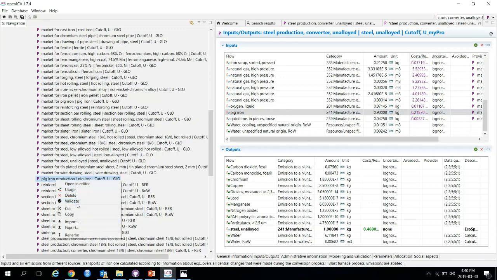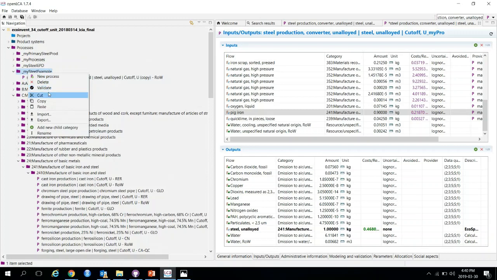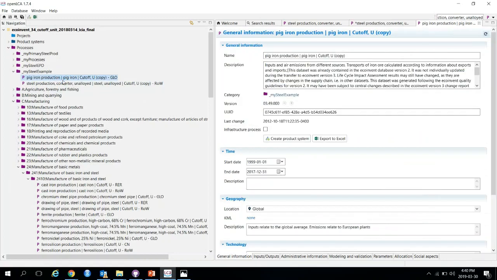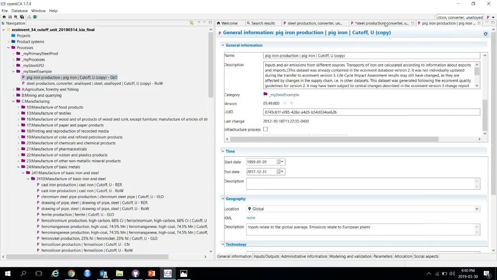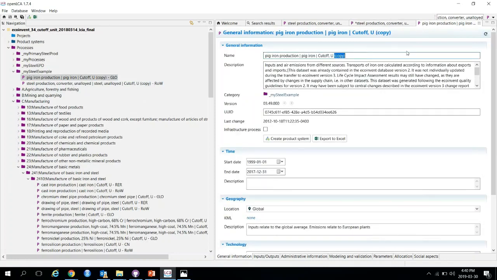So I'm going to copy that and bring it to my folder for this particular project. I'm going to copy it, paste it, and now we have it here. I'm going to open it and just call it my pro.